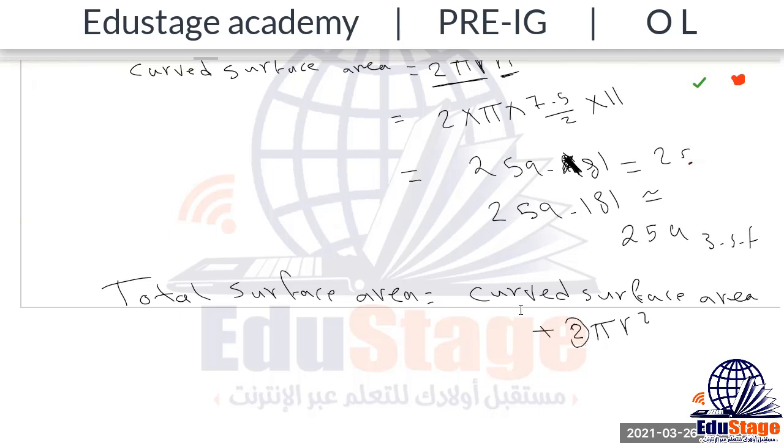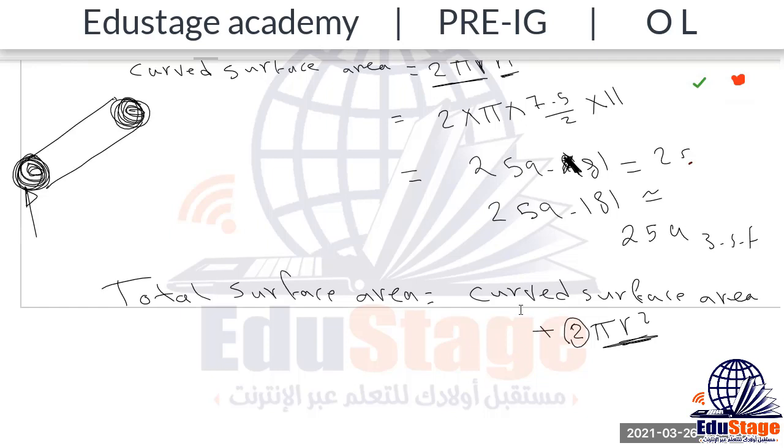Teacher, why here you put 2? Because as I said in the beginning, I have 2 circles. I have 2 bases. So in the total area, you calculate the area of this base plus the area of this base. The area of the base is pi r squared here. Then you have 2 of them, then you multiply by 2.